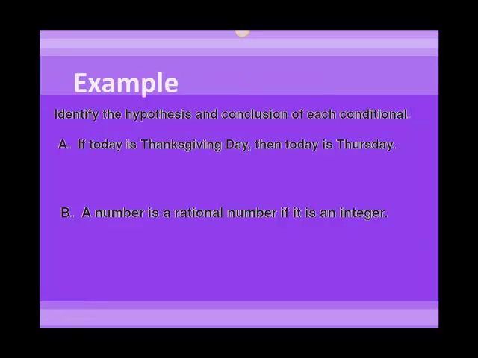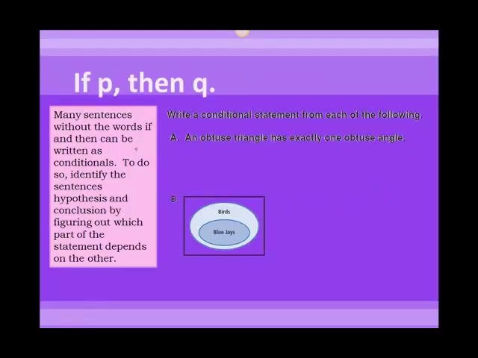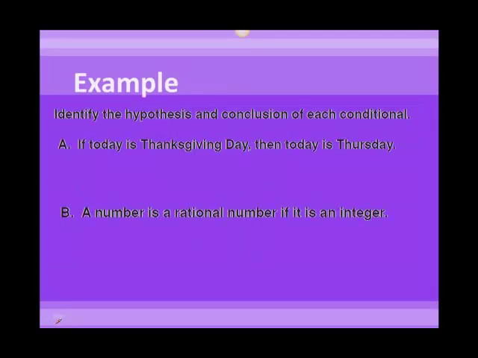So we can identify the hypothesis and conclusion for these conditional statements. If today is Thanksgiving Day, then today is Thursday. So we've identified the hypothesis and the conclusion. I underlined the hypothesis once and the conclusion twice.